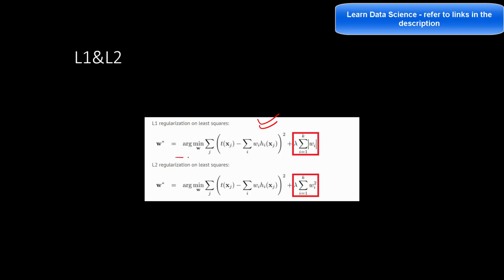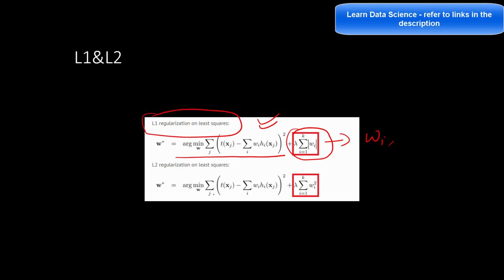This is the least square regression cost function, and we have added the regularized term to this. If the regularized term is the summation of the modulus of the betas, or the modulus of the weights, where W is used instead of betas as the weight, we call that L1 regularization.